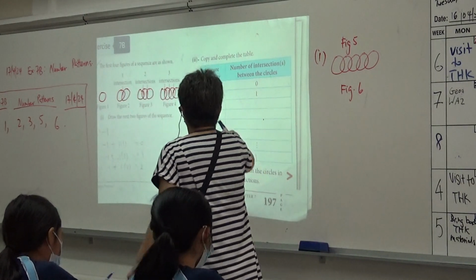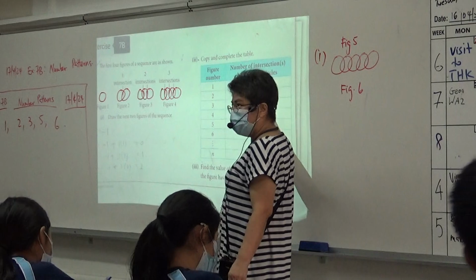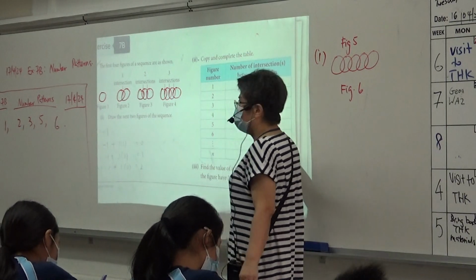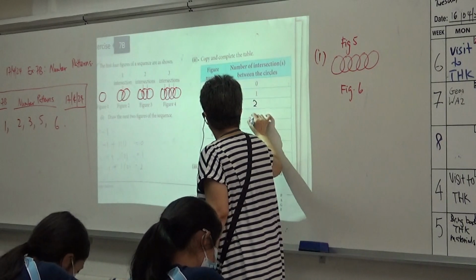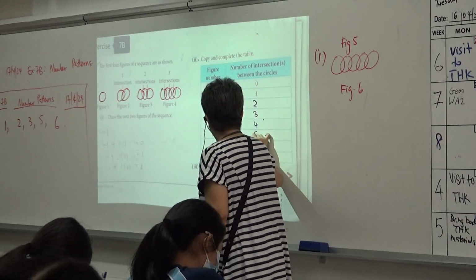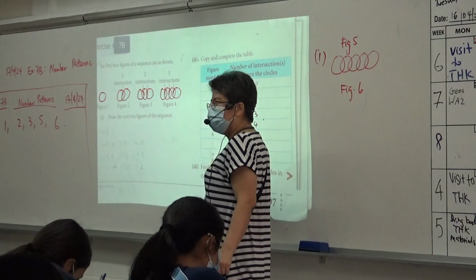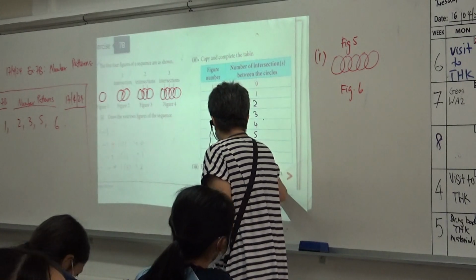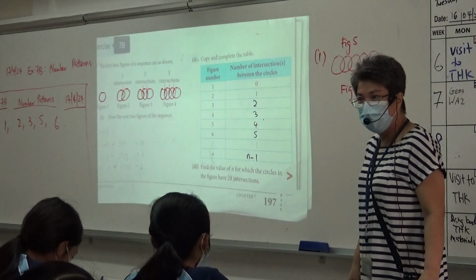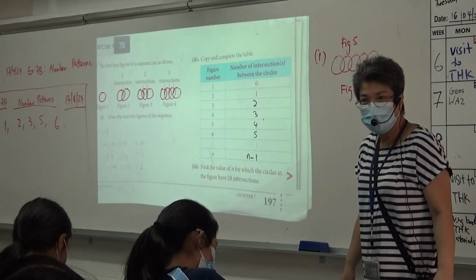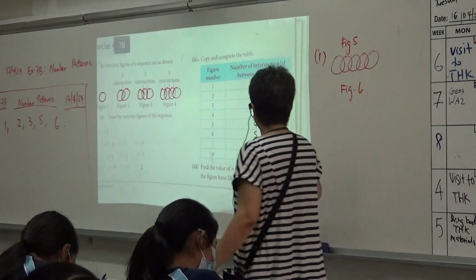Okay. Can you see when this is 1, this is 0, right? When this is 2, this is 1, right? When this is 3, this is 2. Then n minus 1. Can you all see the relation? Okay, now part 3.